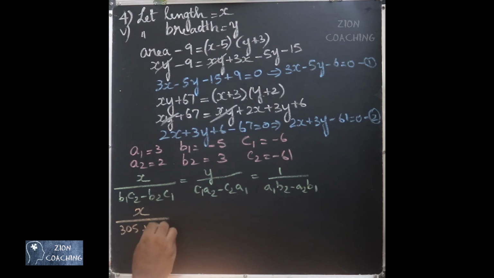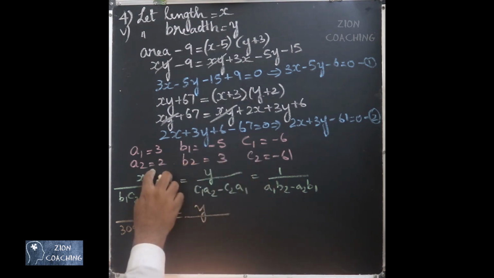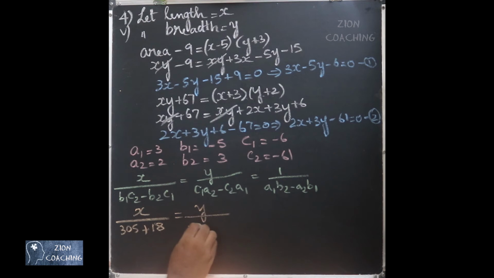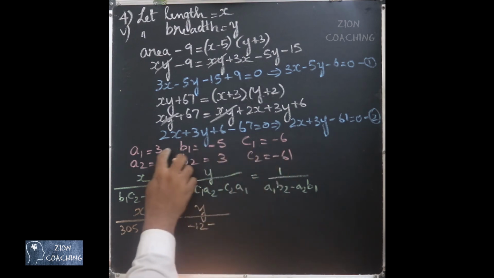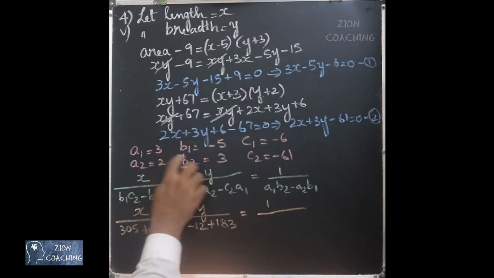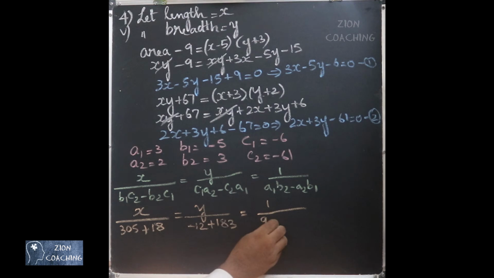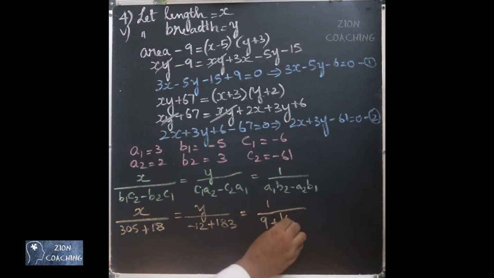Minus of minus 18 is going to be plus 18, equal to y by c1 into a2, minus 6 into 2 is minus 12, minus of c2 into a1, minus 61 into 3, that is minus 183. Minus of minus 183 is going to be plus 183, equal to 1 by a1 into b2, that is 9, minus of 2 into minus 5 is minus 10, minus of minus 10 will become plus 10.